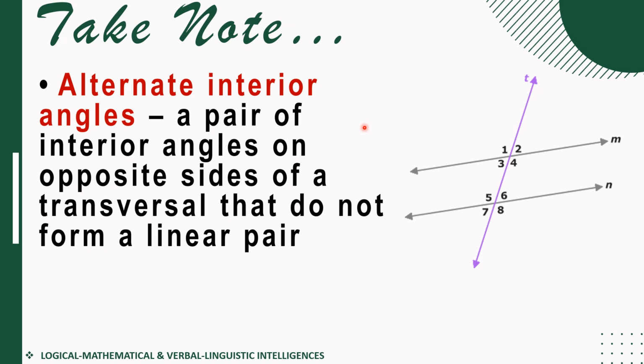So, before we proceed with alternate interior angles, let's identify first what are interior angles. So basically, let's familiarize ourselves first with interior angles. Interior angles are the angles formed in between the two parallel lines that we have.